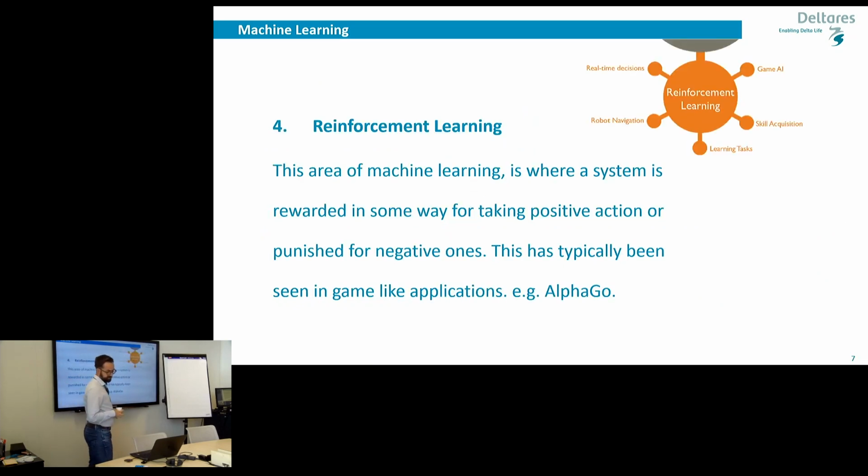And then we have reinforcement learning, which is essentially like playing a game. If the machine does an action, and then you either positively reward it or you negatively punish it for making wrong moves. So if you've heard recently about the AlphaGo and the chess algorithms that are beating humans, that's been based on reinforcement learning.